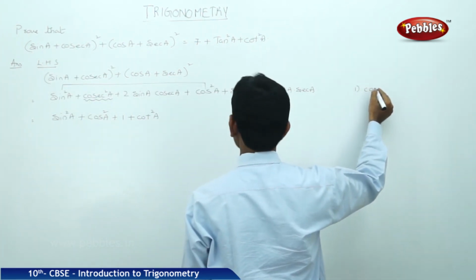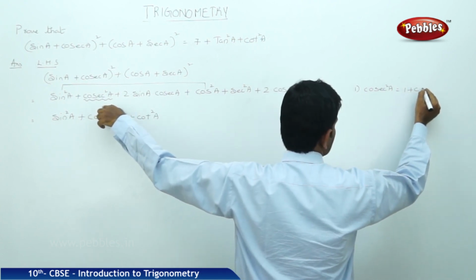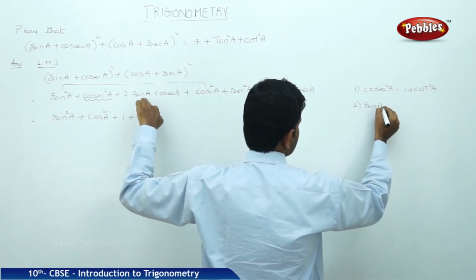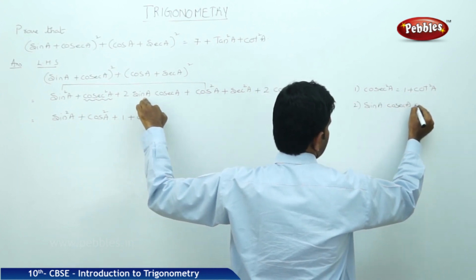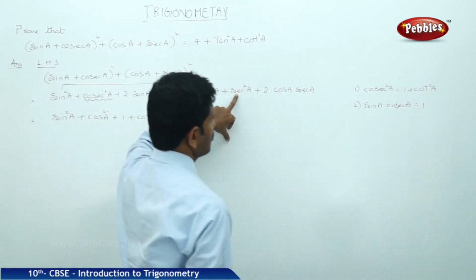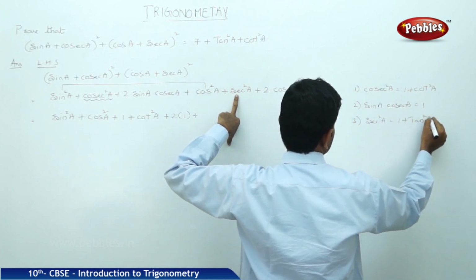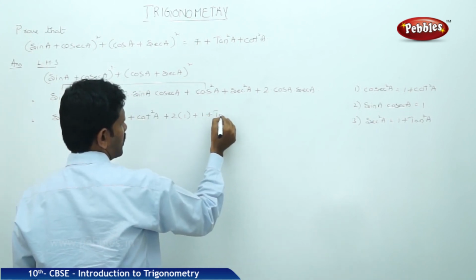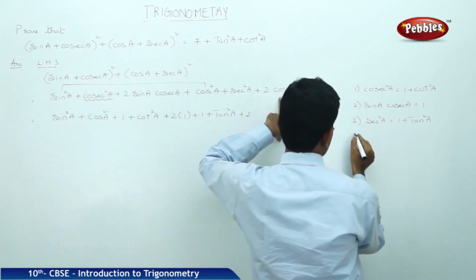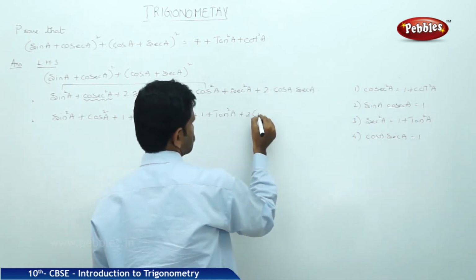Identity number 1, cosec square A is equal to 1 plus cot square A. Identity number 2, sin A into cosec A is equal to 1, that is plus 2 times 1, plus identity number 3, secant square A is equal to 1 plus tan square A, 1 plus tan square A, plus 2 into identity number 4, cos A into secant A is equal to 1, 2 times 1.